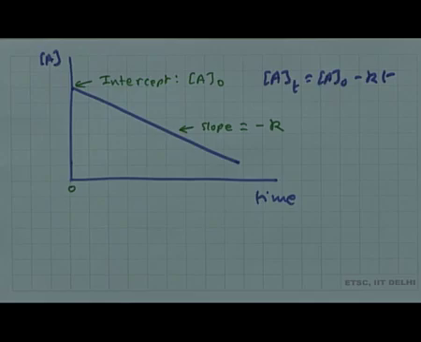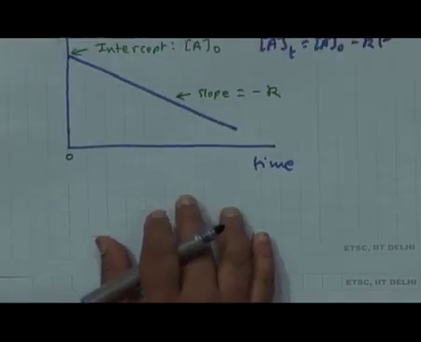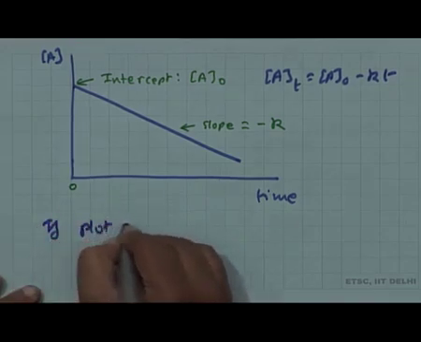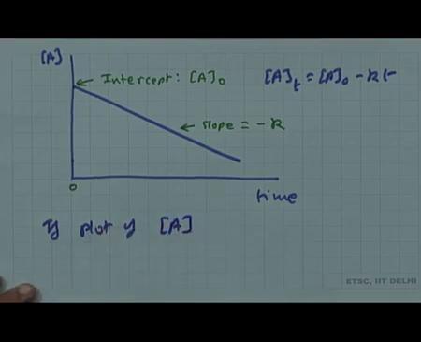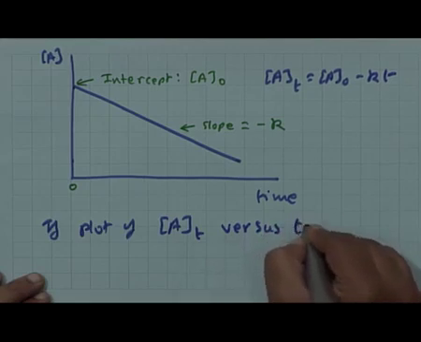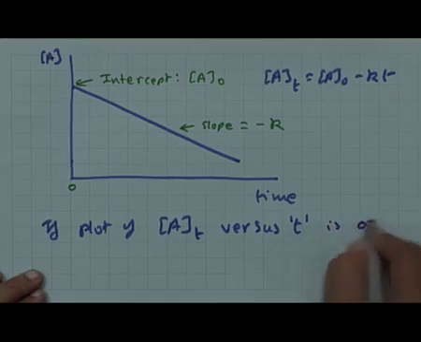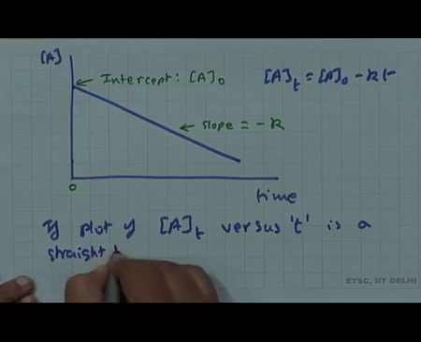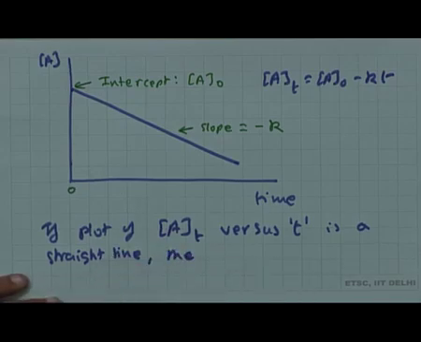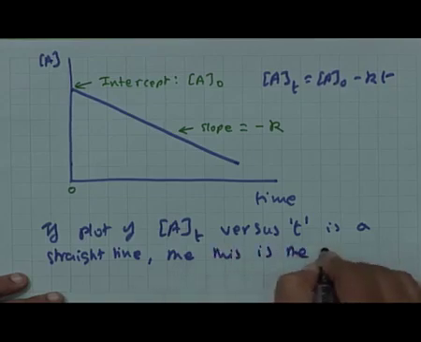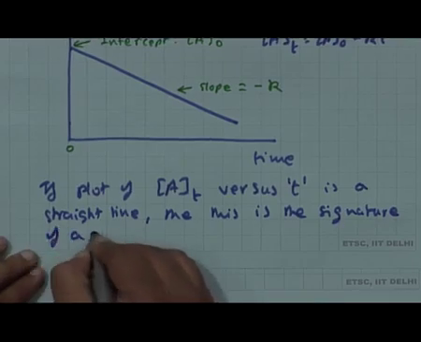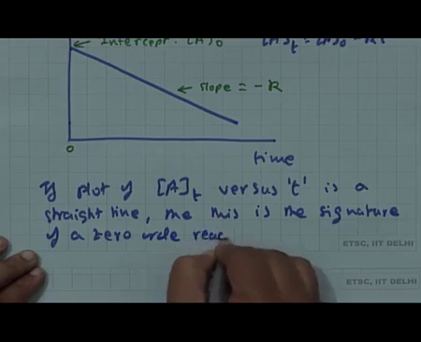And one more important thing is that for a reaction, if this profile is maintained, that means if the plot of the concentration of A versus time t is a straight line, as we see, with a negative slope, then this is the signature of a zero order reaction.